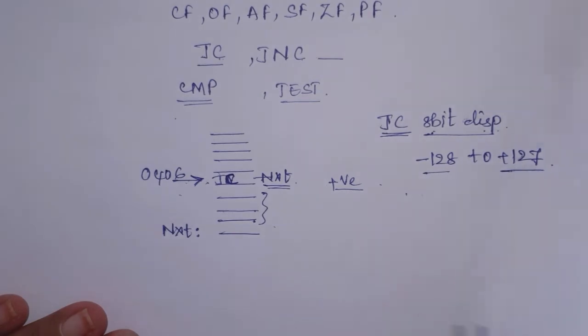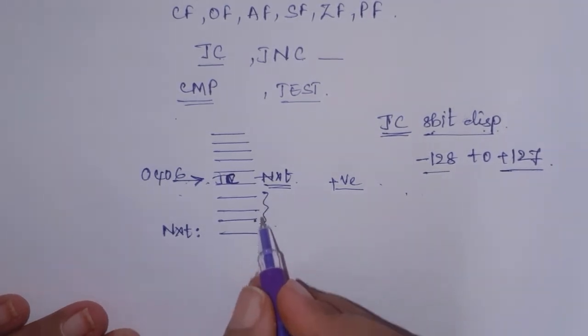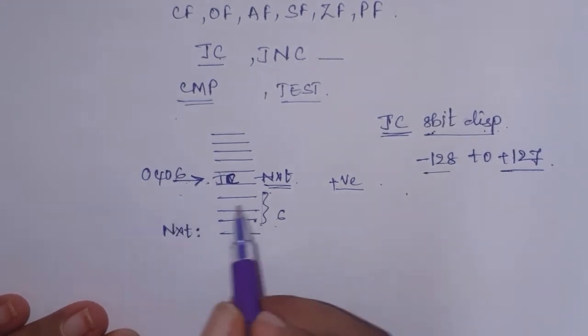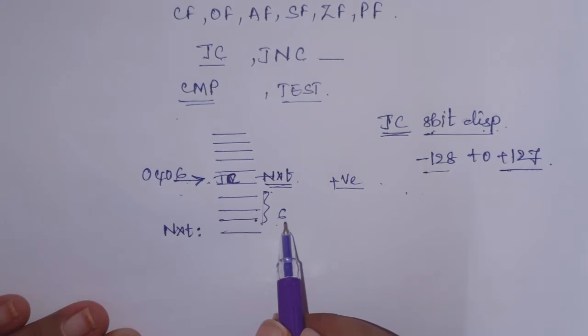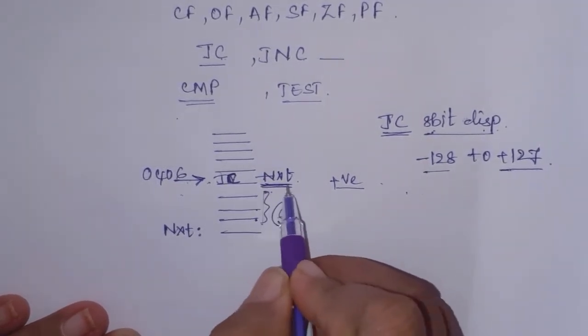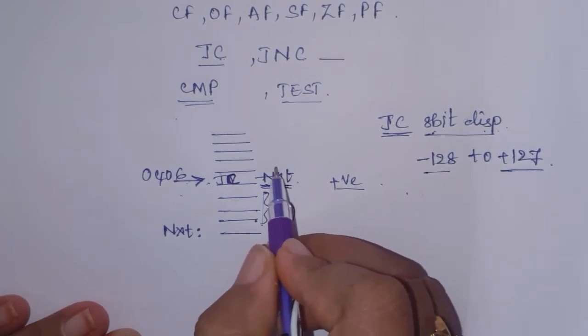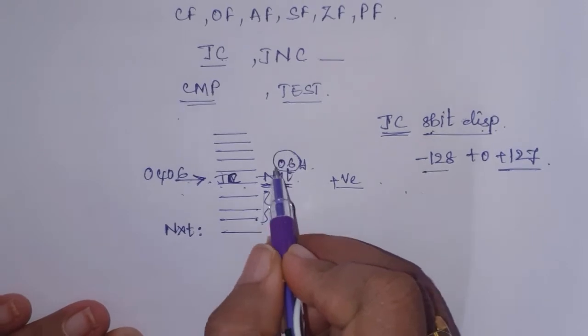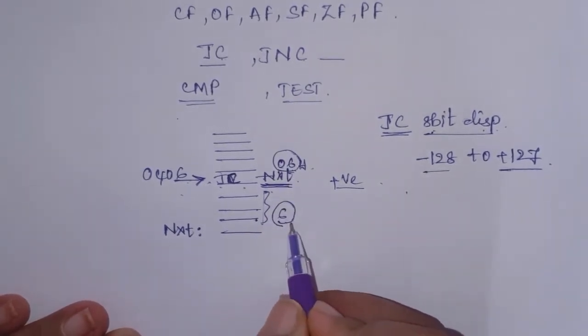It can be 3 bytes or it can be 6 bytes also. Let us suppose the number of bytes here is 6. That means the displacement is 6. Here in the place of next, 6 should be specified in the instruction: jump on carry 6. What is this 6? This is the 8-bit displacement.